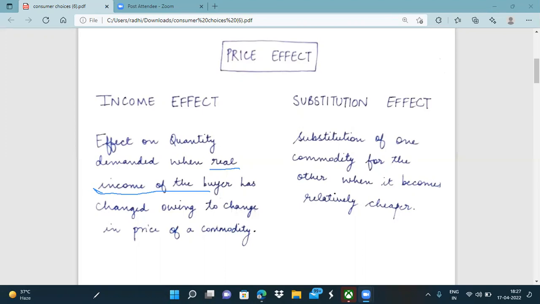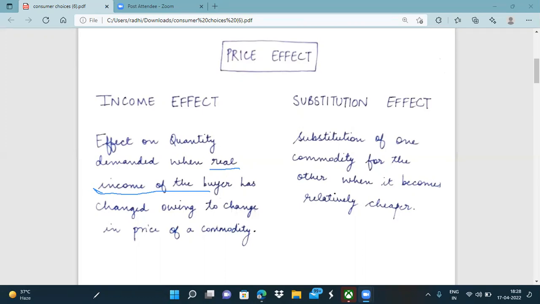It basically means when the price of one commodity changes, it either becomes relatively cheaper than the other commodity or relatively expensive. So the shift or the substitution of the other commodity for a commodity, that effect is known as the substitution effect.